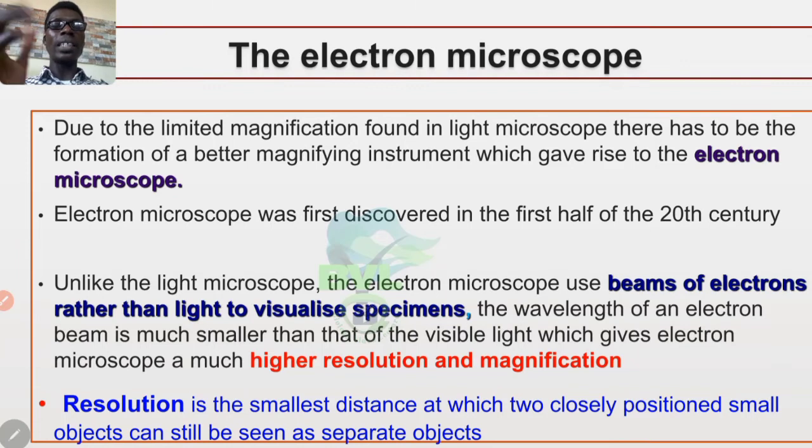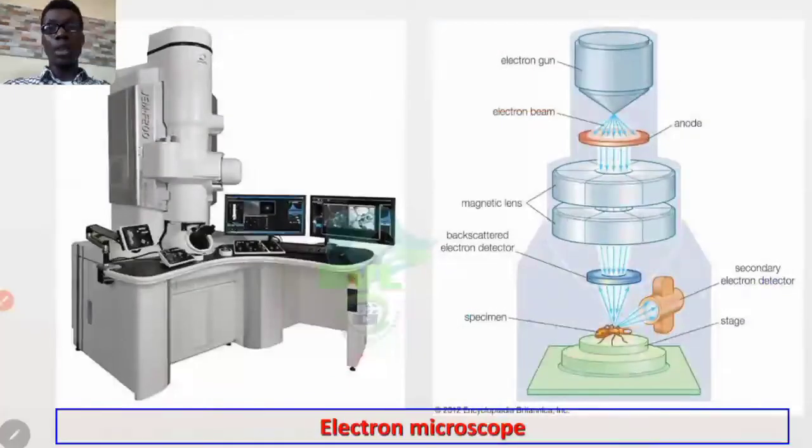So the point is, high resolution is when you can see things that appear as one as separate, and that's because of the wavelength of the electron, which the electron microscope uses. I wish I could go into details on that. There are a lot of things to say on that, but you will see that in my A-level classes.